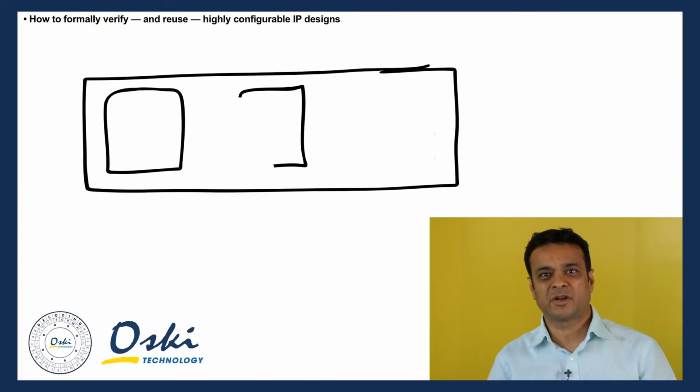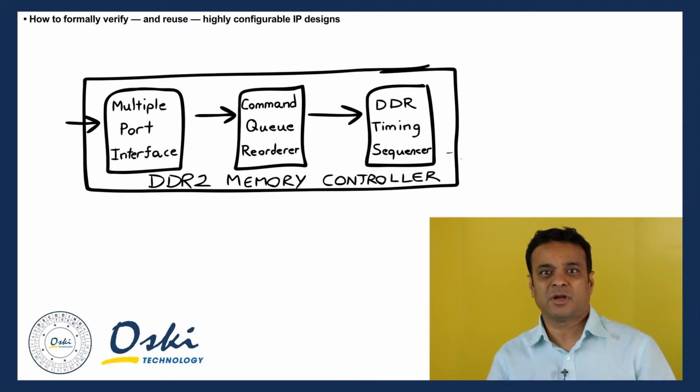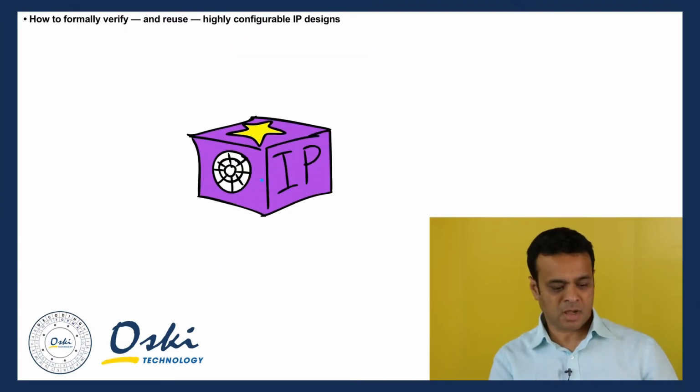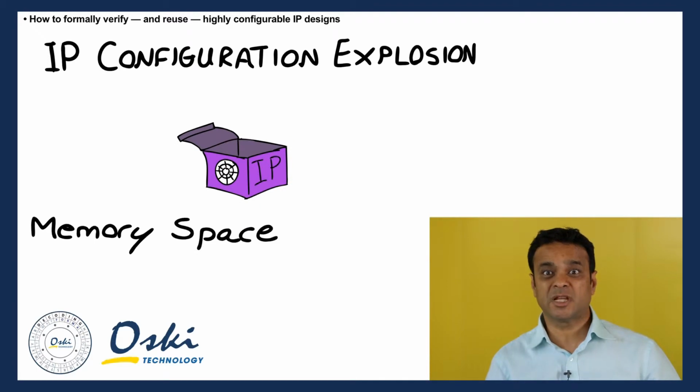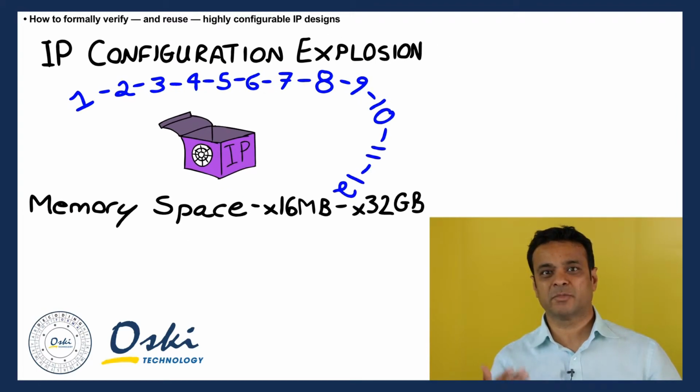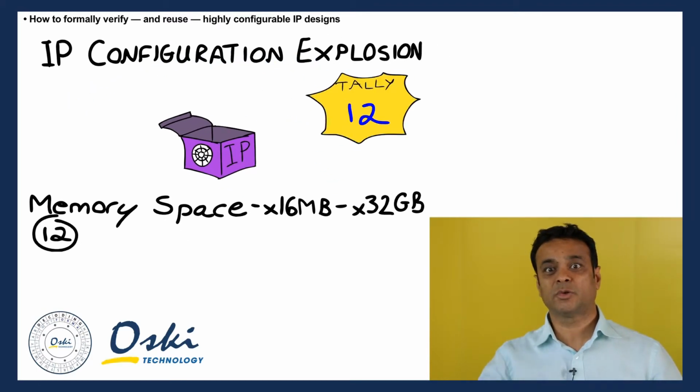The problem is that these configuration inputs multiply together with each other and give rise to billions of different configurations. Suppose I'm designing this memory controller, for example. I have to support different configurations. For example, I'm going to support different memory spaces, all the way from 16 megabyte to 32 gigabyte, 12 different configurations.